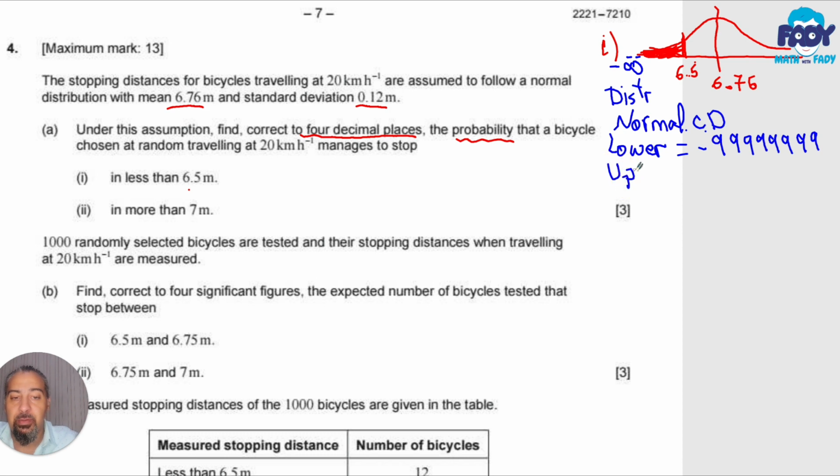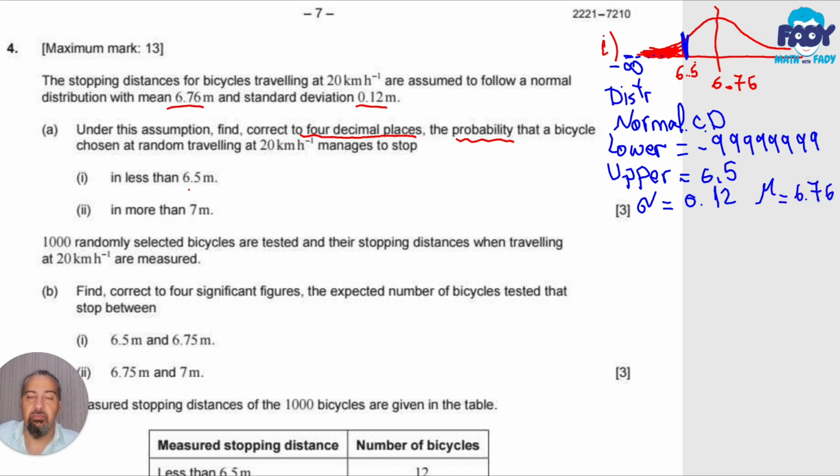Upper: in this shaded area, the upper is 6.5. Lower boundary, upper boundary. Upper will be 6.5. It will also ask about the standard deviation, 0.12, and the mean, 6.76.